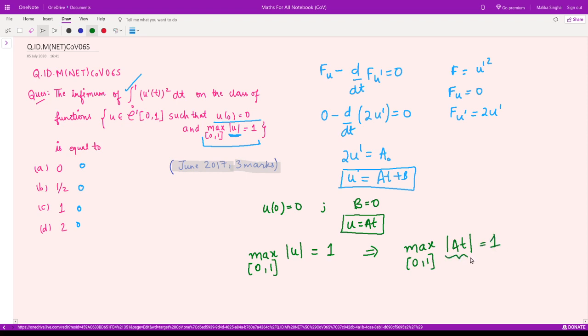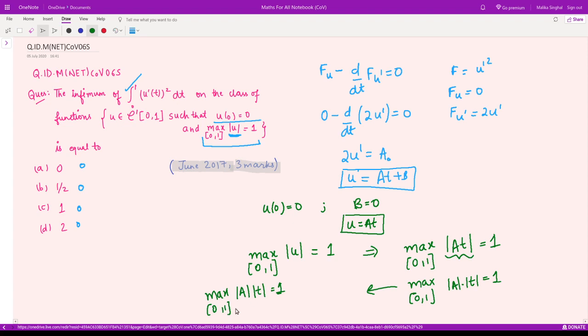Now this being modulus, I can write this as the maximum over the interval 0 to 1 of the modulus of a multiplied by the modulus of t. Now a is a constant, so its modulus is also constant, right? So this becomes modulus of a into the maximum over 0 to 1 of modulus of t is equal to 1, which is the same thing, right?